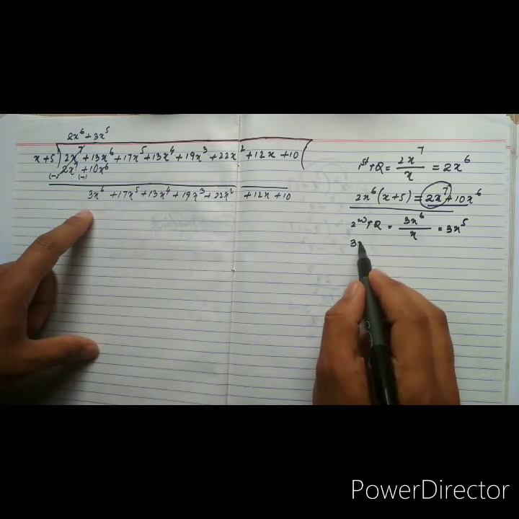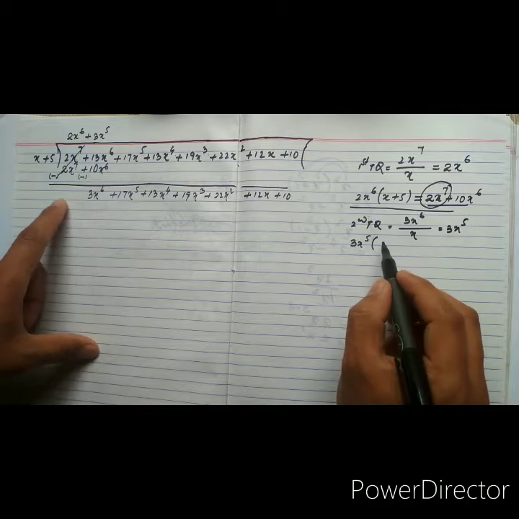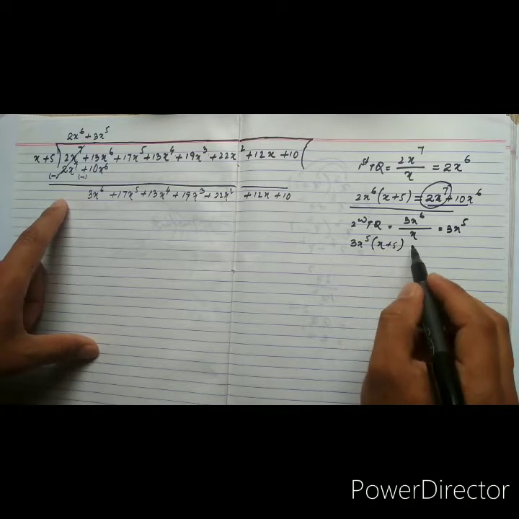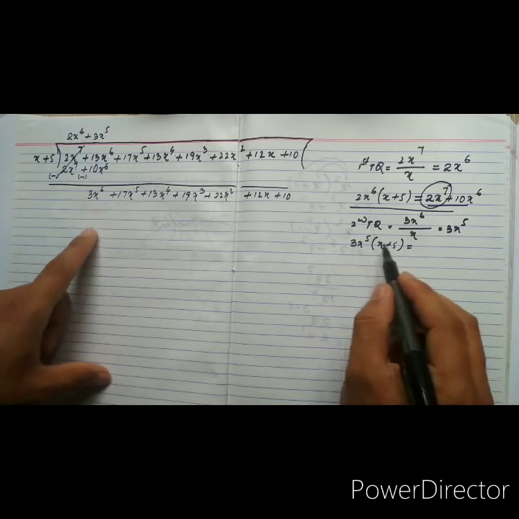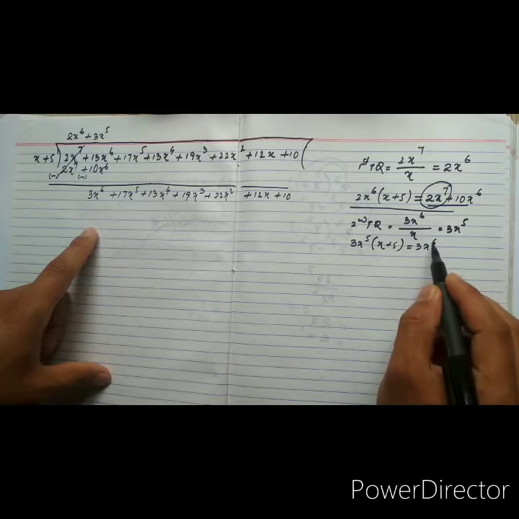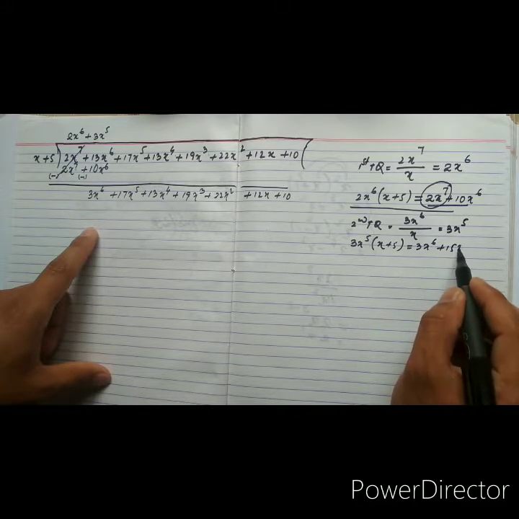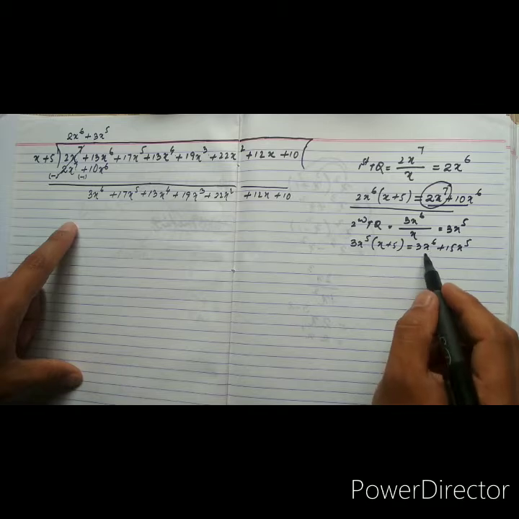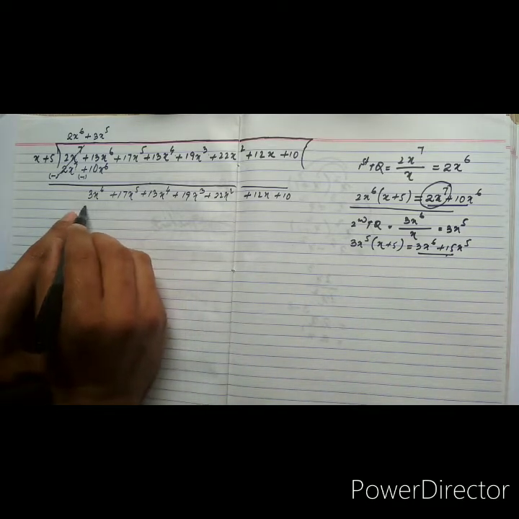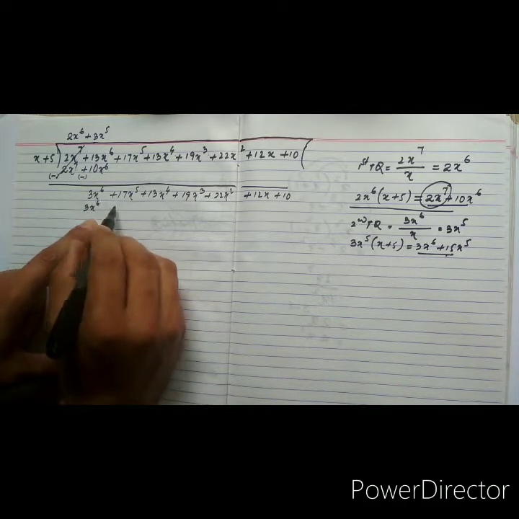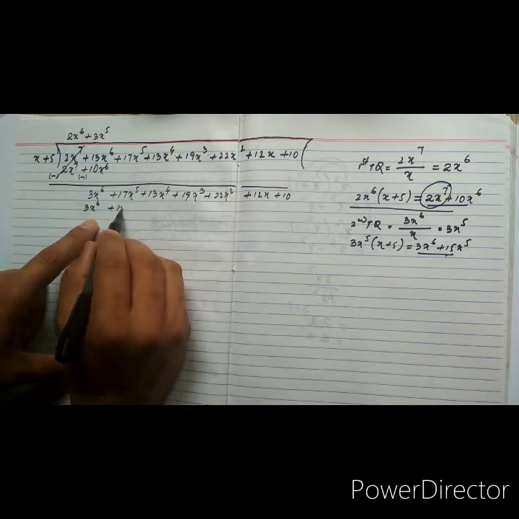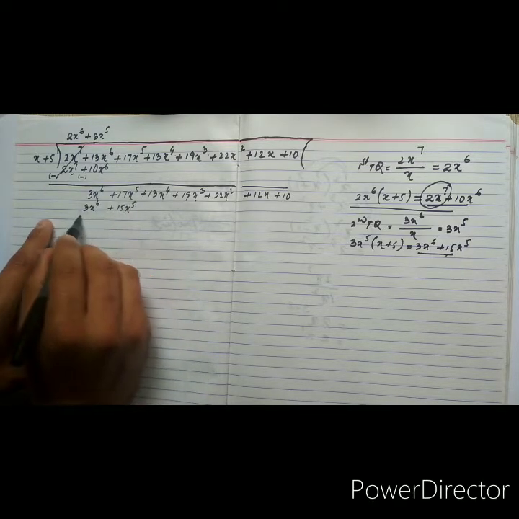Next, 3x^5 will multiply with x plus 5, then we'll get 3x^6 plus 15x^5. So this one will be brought here: 3x^6 plus 15x^5.